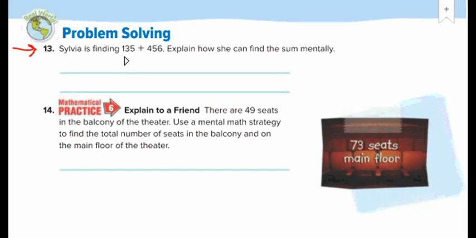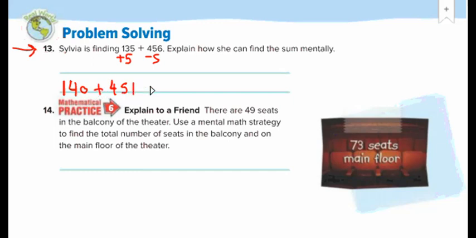She needs how many for 135 to be 140? Yes, she needs 5. So she will add 5 to 135 and she will subtract it from 456. So 135 will be, yes, 140. 456 will be 451.